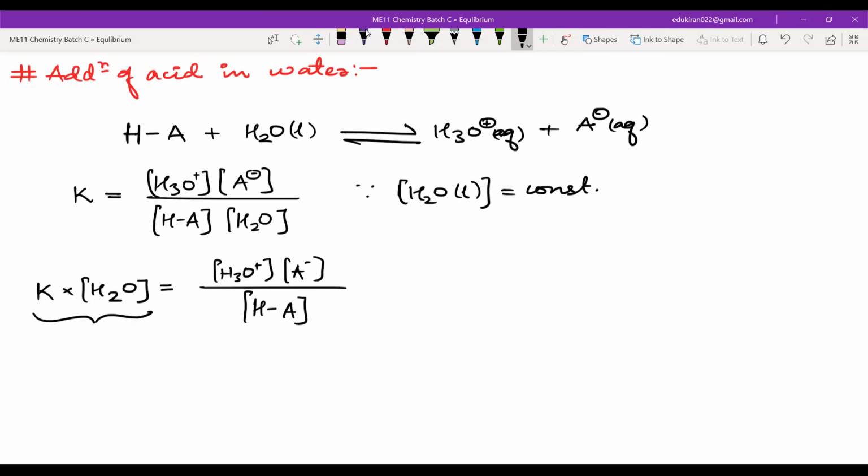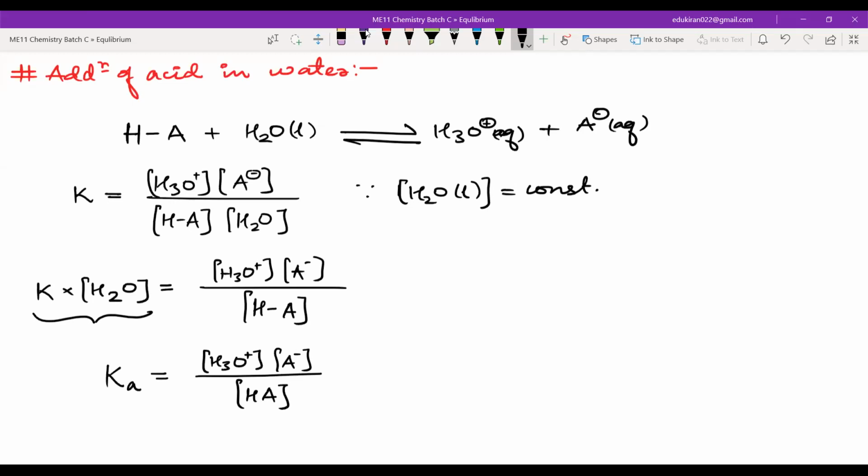Now this constant, because K is also constant and the concentration of H2O is also constant, for acid is known as Ka. We write this new constant as Ka, the dissociation constant of acid. This is equal to H3O plus into the concentration of the conjugate base, that is A negative, divided by the concentration of acid.